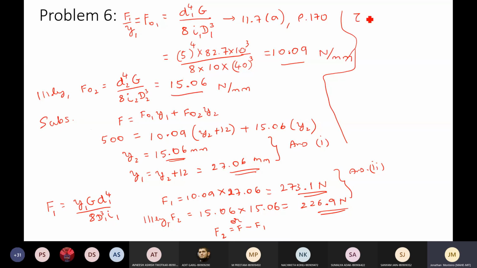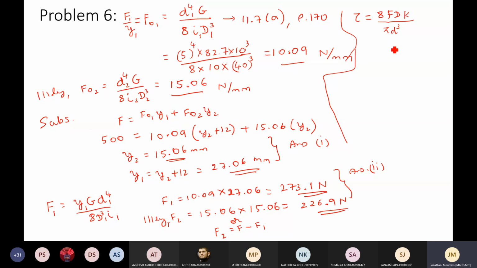The third one is, what is the shear stress in each spring? Tau is equal to 8 F D K by pi d cubed. So the K value is dependent on C. Be careful here.